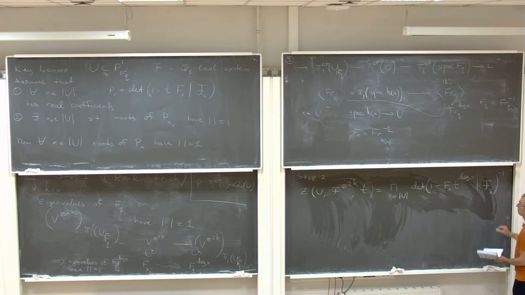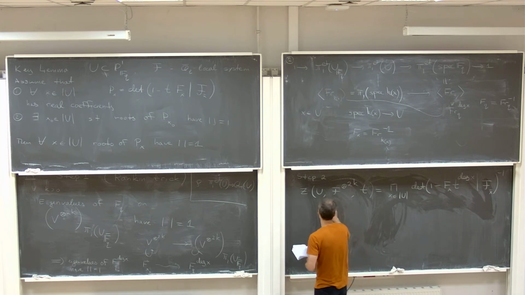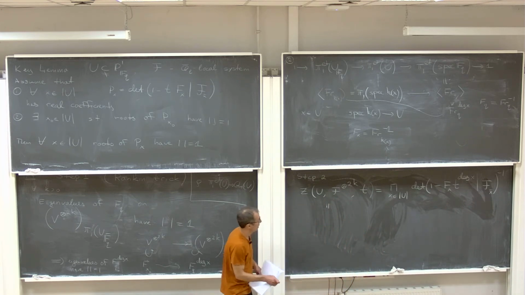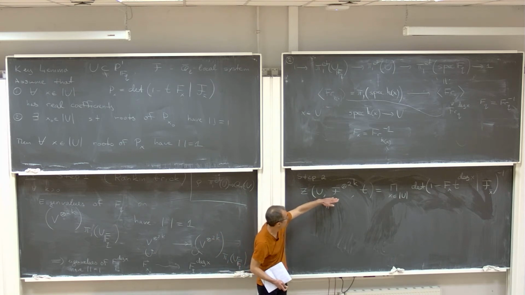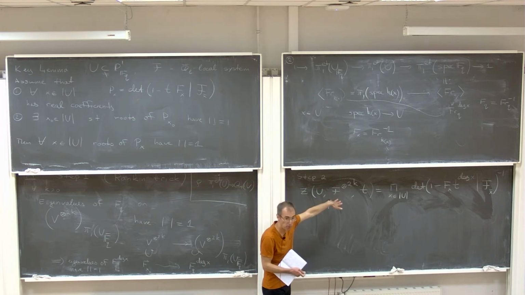That's the zeta function. And so, well, we have a formula. We know that this function is always, for any local system, rational. And we have a homological description of the zeta function.